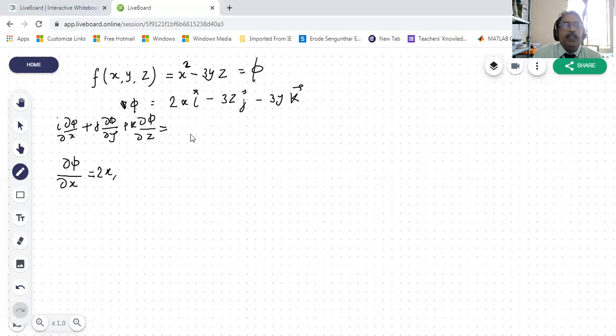Partially differentiating x square minus 3yz with respect to y gives 0 for x, and minus 3 is a constant, y you differentiate, and z is a multiplier, so it is minus 3z. Likewise, we have minus 3y k.